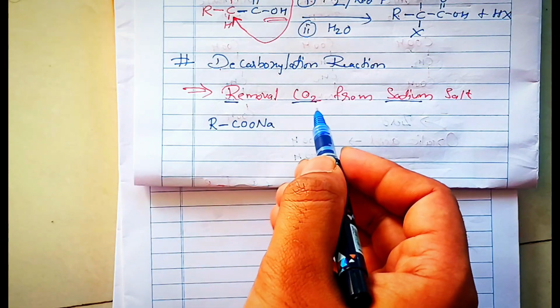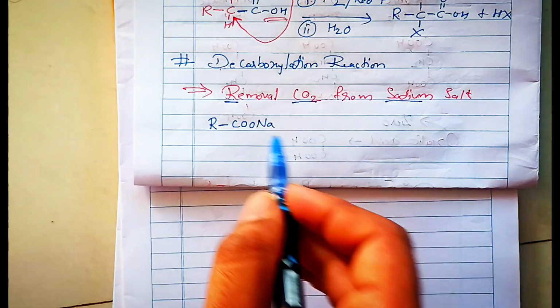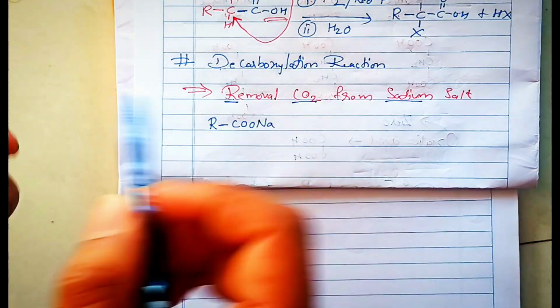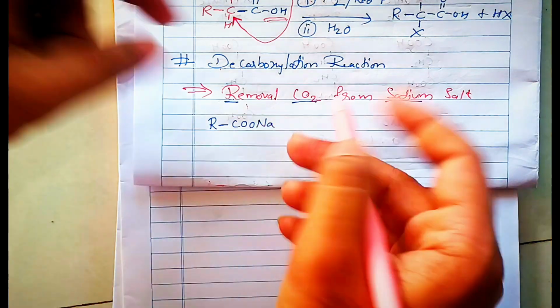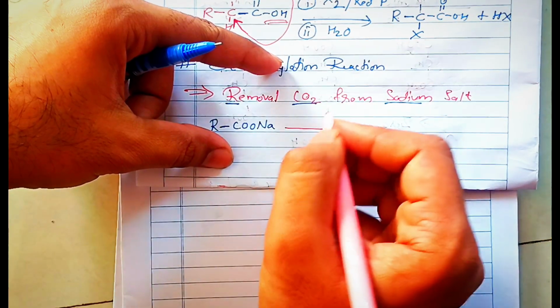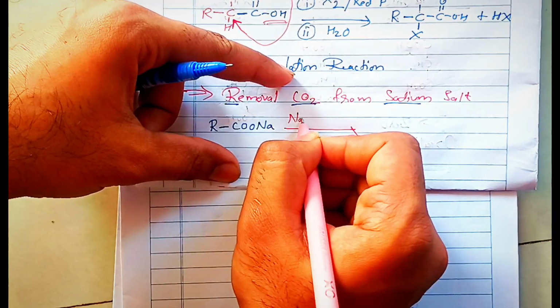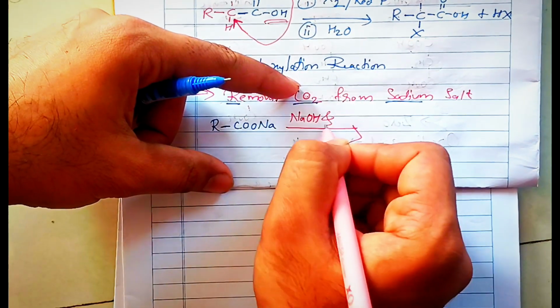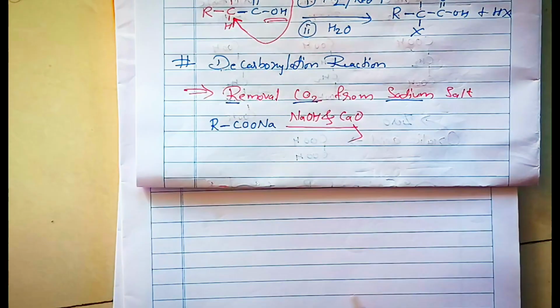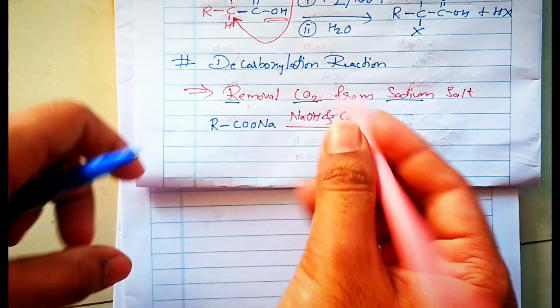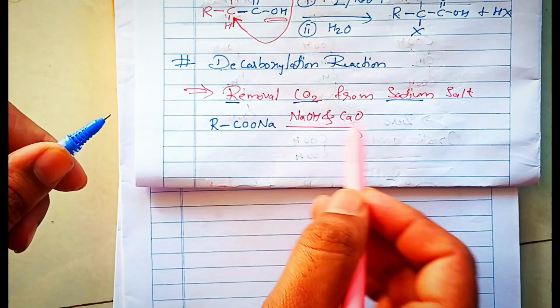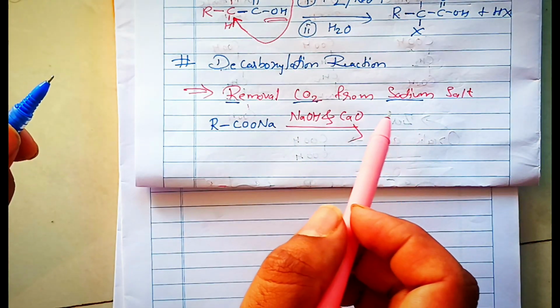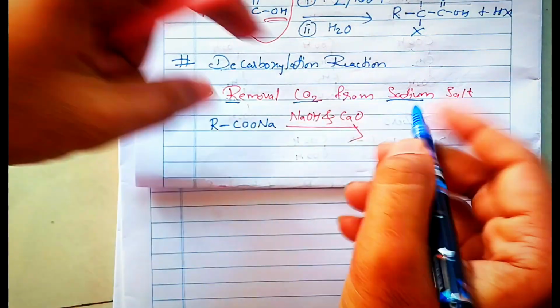Okay, removal of CO2 from sodium salt RCOONa. And here also I will use the same trick: NaOH is common, and I will use CaO, or else you can just add NaOH and CaO.